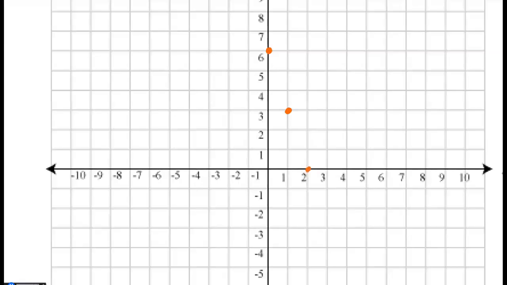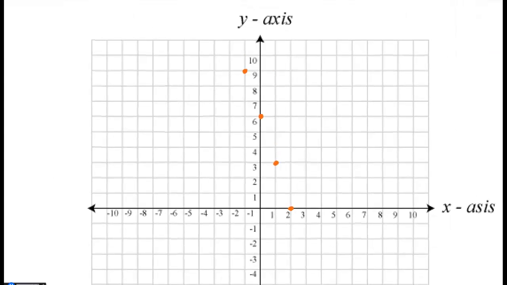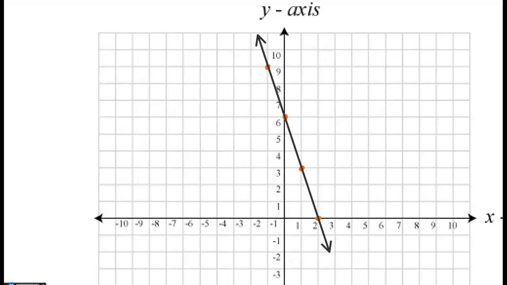We have our dot right on that spot, because when x is 2, y is 0. So you can already see that relationship happening. I'm going to get you again to draw your line, connecting all the dots with the arrows at both sides. Once you have your line connecting the dots and the arrows on each side, you've finished off part B.